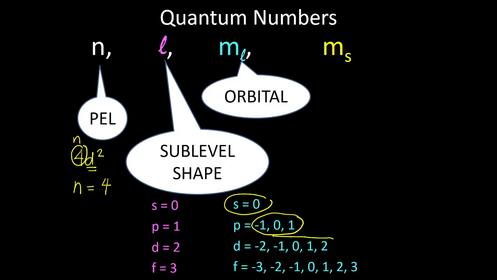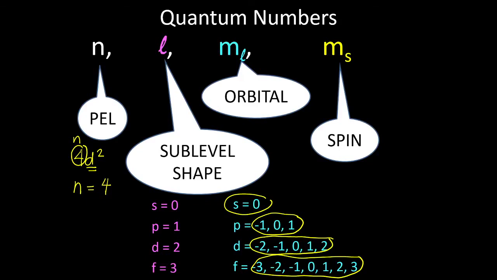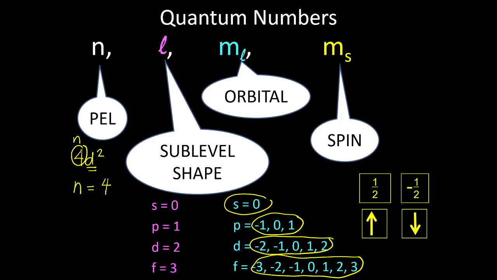For D, these are the possible values. For F, these are the possible values for the answer to M sub L, or the magnetic quantum number. The spin quantum number is simply going up, positive 1/2, going down, negative 1/2.